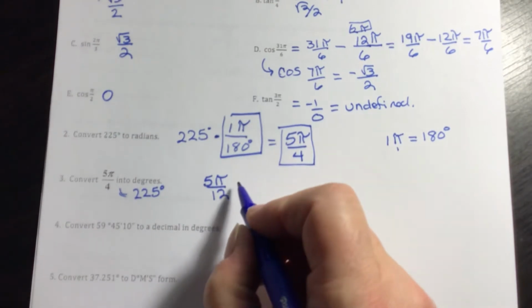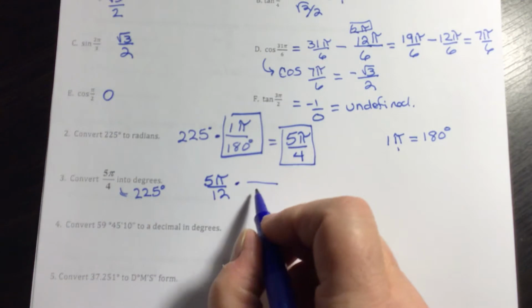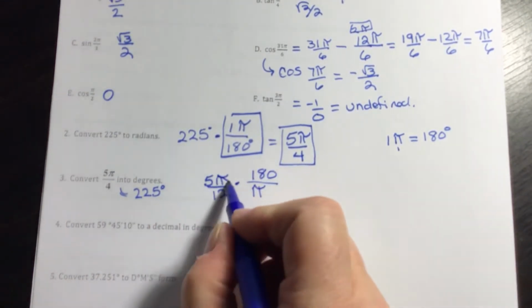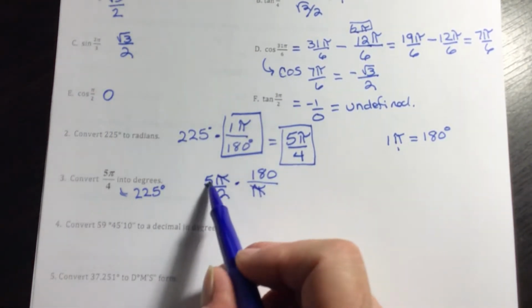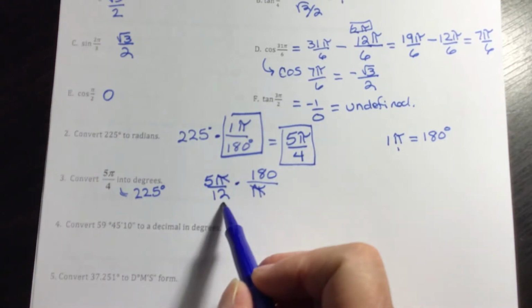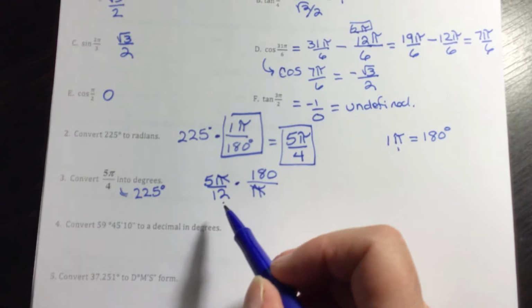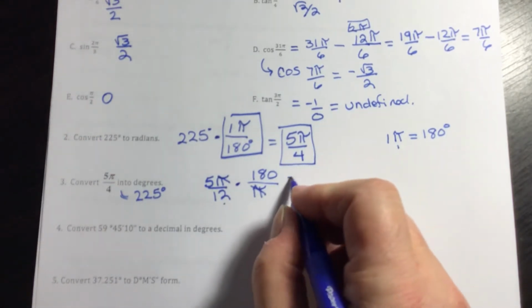And I want to change this to degrees, and I multiply now by pi and 180, and the pi's cancel, so I have 5 times 180 divided by 12, or 12 will go into 180. All right, I'm going to cheat here. 15 times. Oh, that was bad.